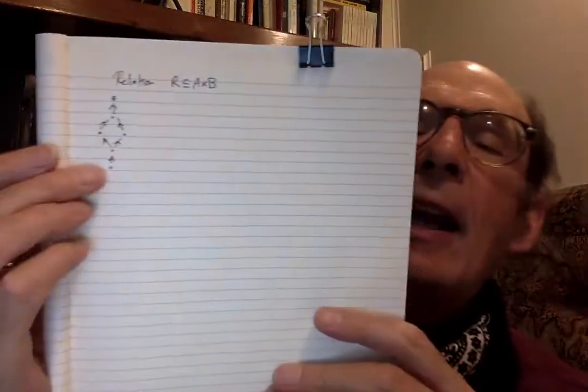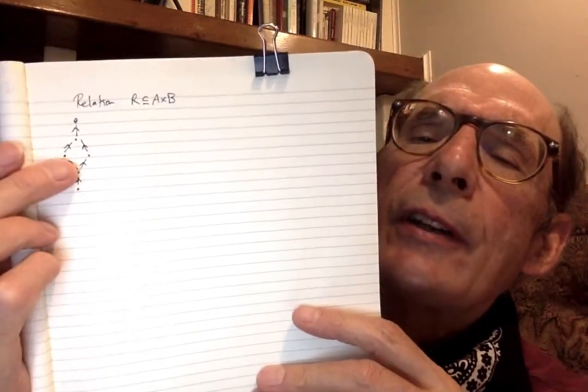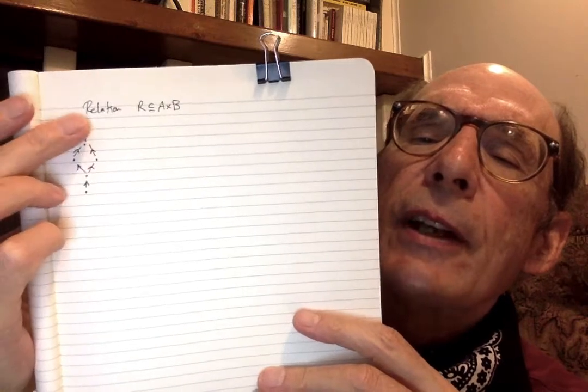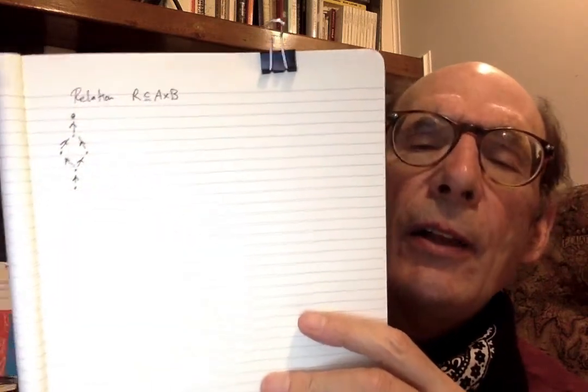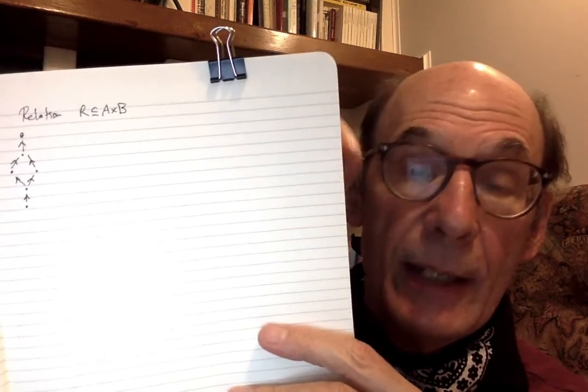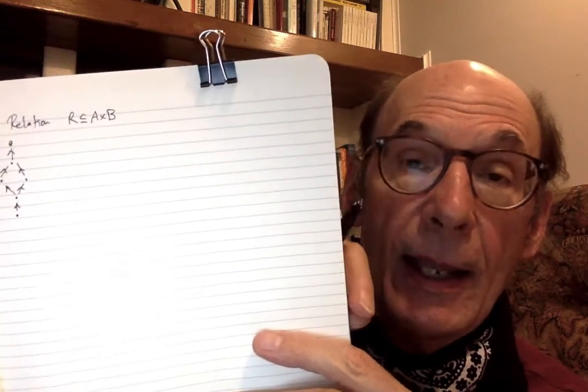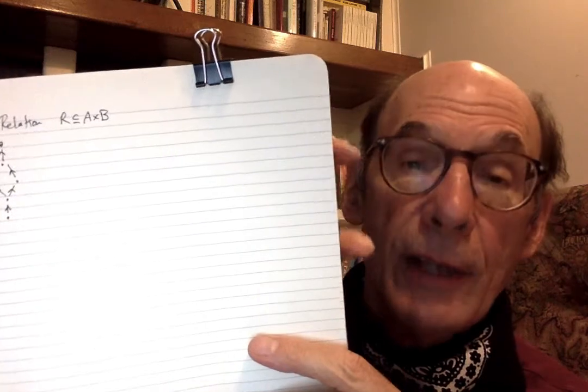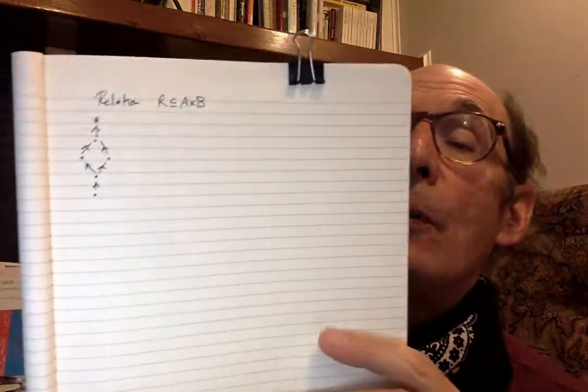For the moment, I'm not going to label the nodes, but I am going to indicate the direction that happens. So this bottom one here is connected to this one, and this one's connected to this one, and so forth and so on. So an arrow from a node A to a node B indicates that A comma B is an element of that relation.